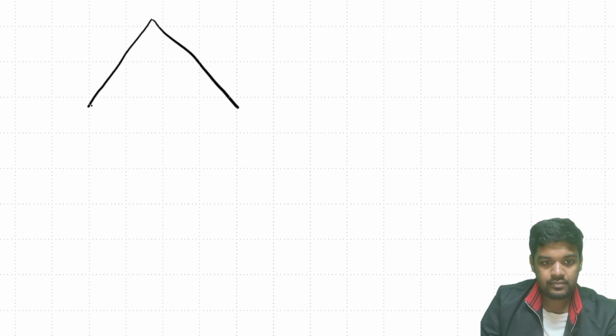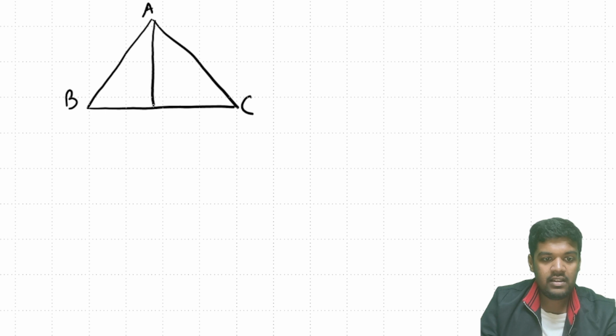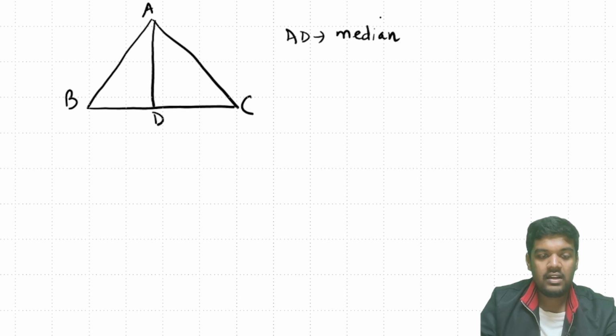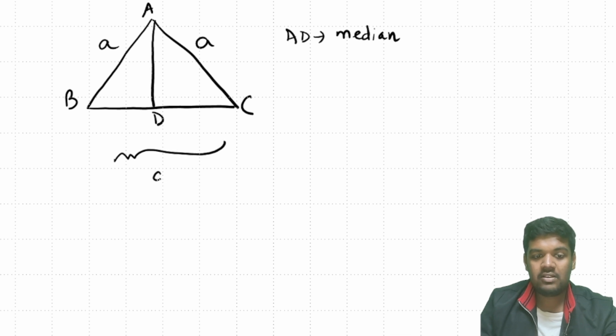Say this is an equilateral triangle ABC, and let's say AD is the median of the equilateral triangle. Right. Now we can observe that AB is A, then AC is also A. Similarly, BC is also A.